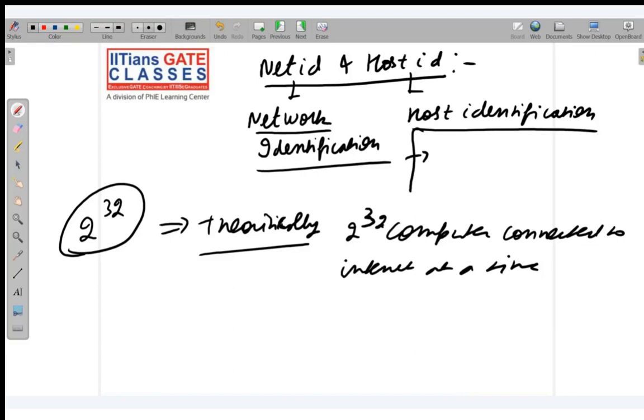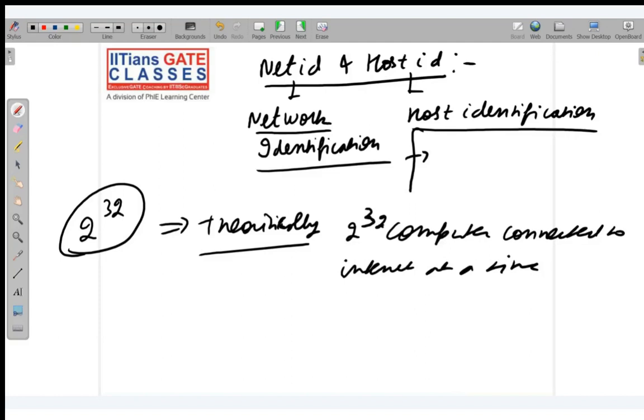So if I want to do routing, then each router must have 2 power 32 entries, because one entry for each computer, that is for sure. If it is not having an entry for a computer in its routing table, then how will it forward the packet? So roughly I am telling you that to make the routing process possible, each router in internet must have 2 power 32 entries.